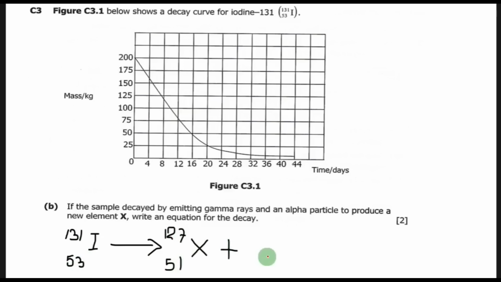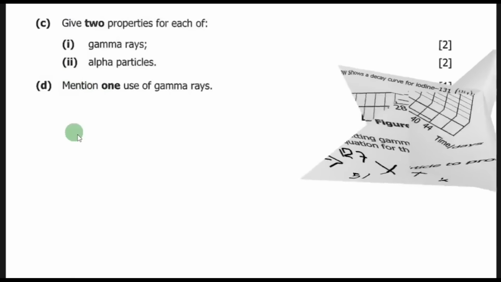Then plus, this will be the alpha particle, which has 4, 2 here. So make sure the masses here must balance. If you say 127 plus 4, it should give you 131. 51 plus 2, it must give you 53.